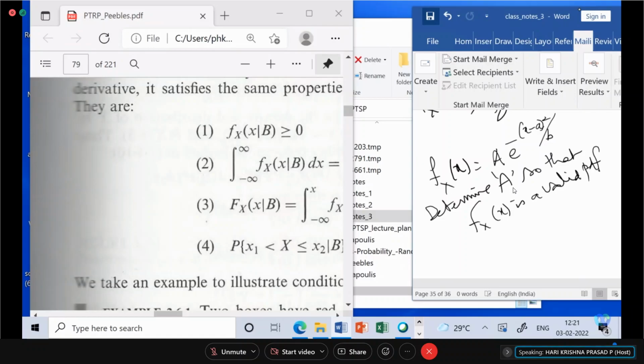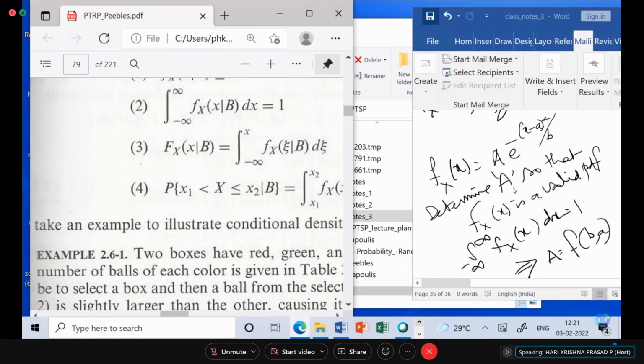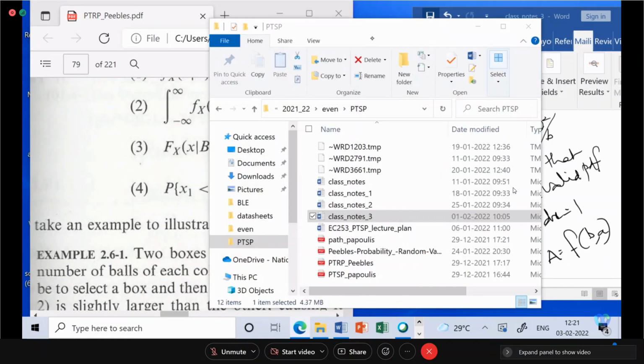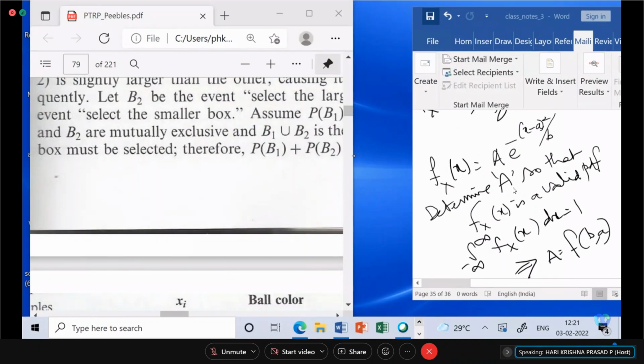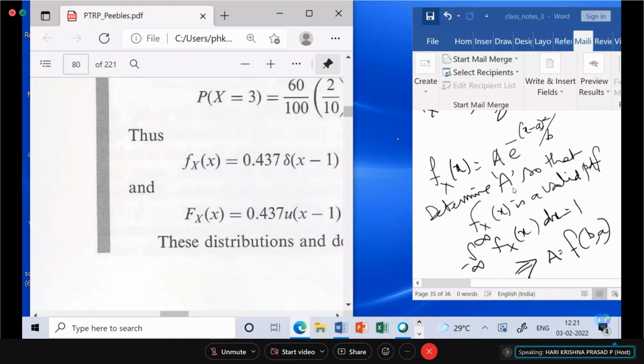So how do we go about it? We will find out the area under the density function, and from this we will compute a as a function of b and a. Second property is that whatever we discussed in the case of the probability density functions, the same explanation holds good for the conditional probability density functions also.